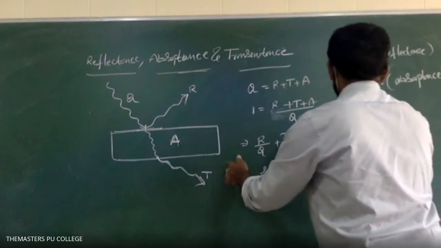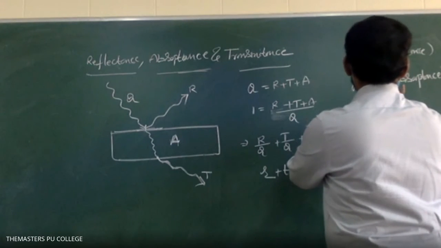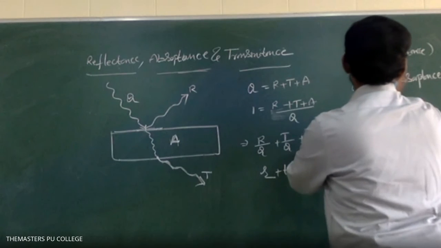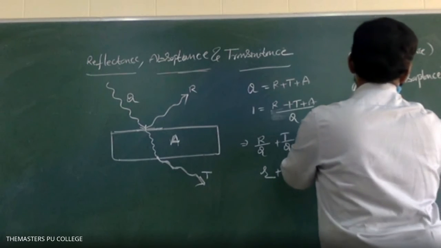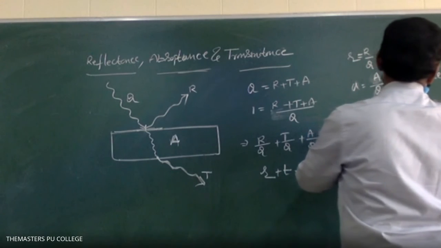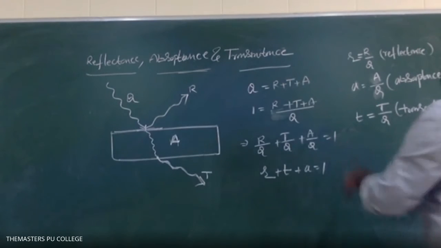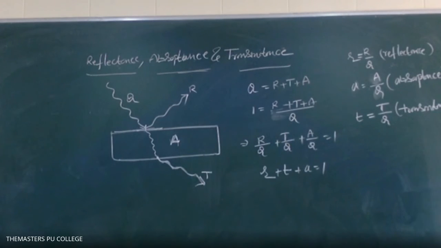And here it is T. So T is equal to capital T divided by Q. This is known as transmittance. Okay. So this is about reflectance, absorbance, transmittance.